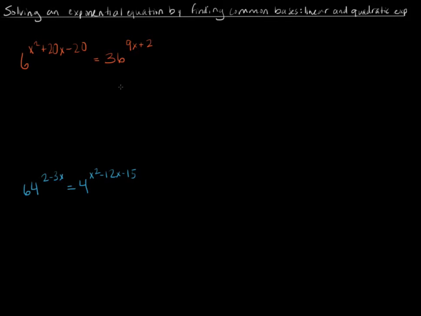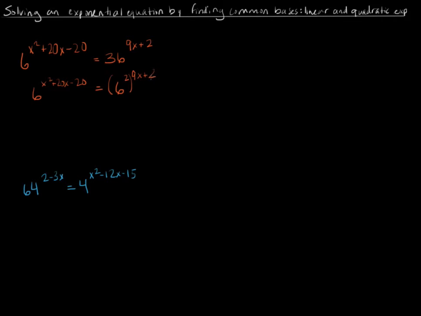So 36 is 6 squared. So 6 squared is the same as 36. And then we have it to the 9x plus 2 power. And that equals 6 to the x squared plus 20x minus 20 power.